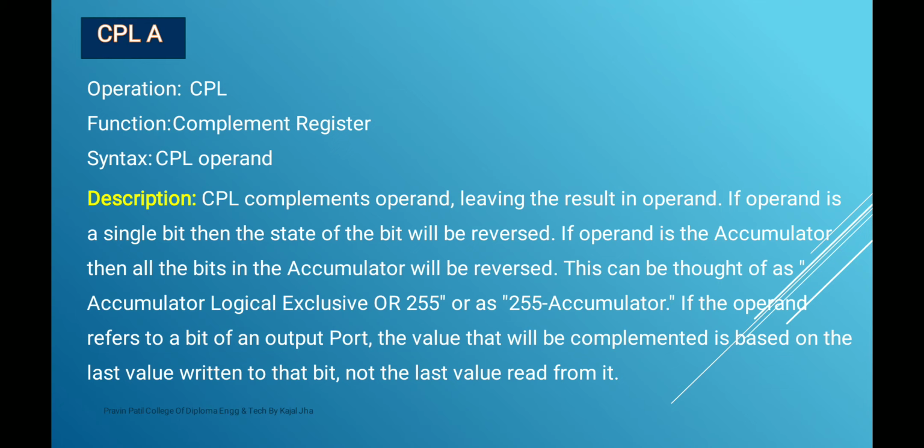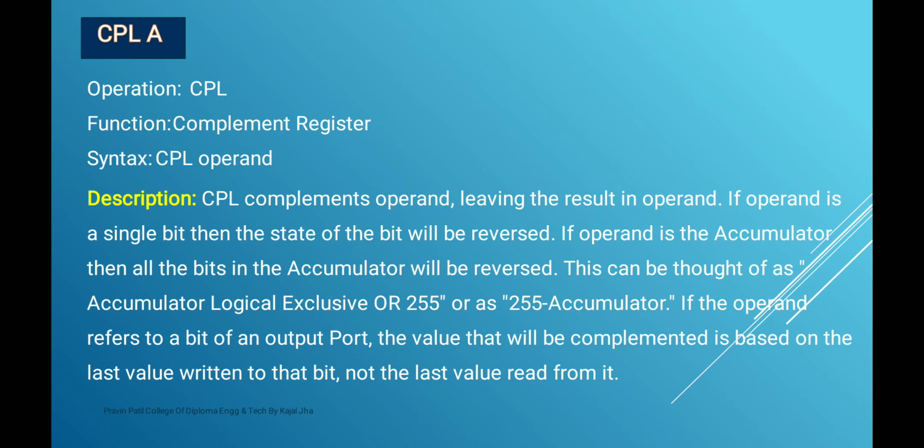If we give the input as a 0, then we get the output as a 1. That is the complemented output. The NOT gate gives the A bar output when the input to the NOT gate is A. CPL is also the same.